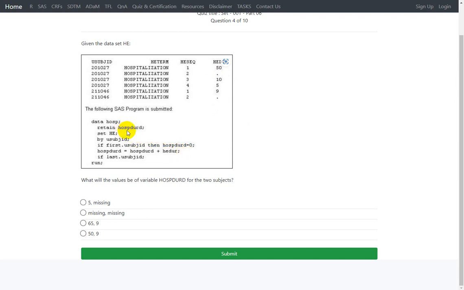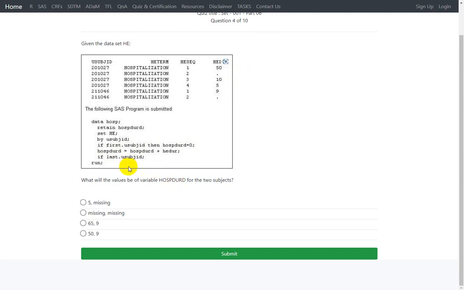As they have specified HOSPDURD in a retain statement, the value would be retained for the next observation, which is the second hospitalization. On the second record, this does not meet the condition of if first.USUBJID, so this would not be reset to 0. And then it directly goes to the HOSPDURD assignment statement again, and the previous value was retained, which was 50 plus 0.